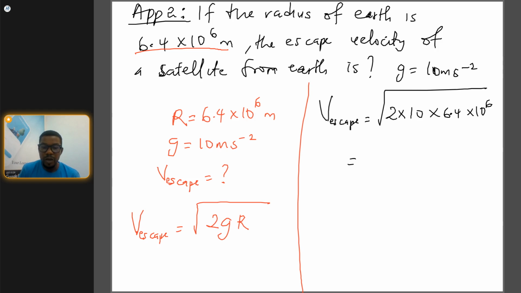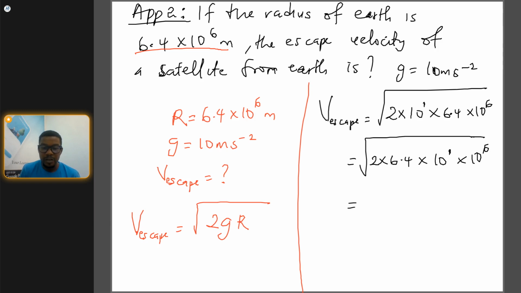All right. So we are going to simplify this. Let's take 2 times 6.4 first, then multiply 10 raised to power 1, invisible 1 is here, times 10 raised to power 6.